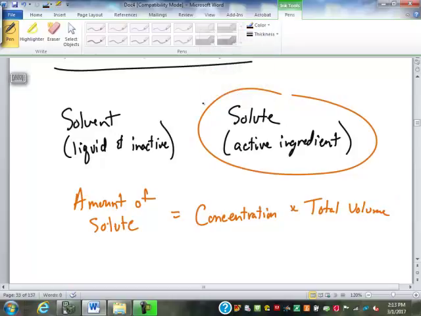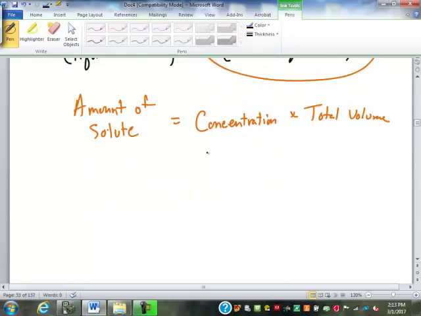So let's say we have a solution that is 35% oil in paint thinner that you're using as a release agent on a form.